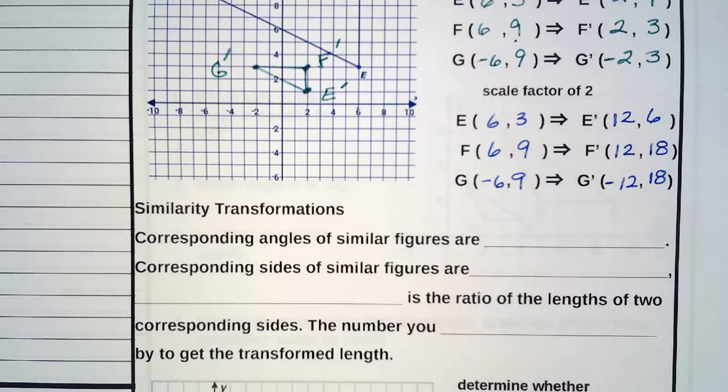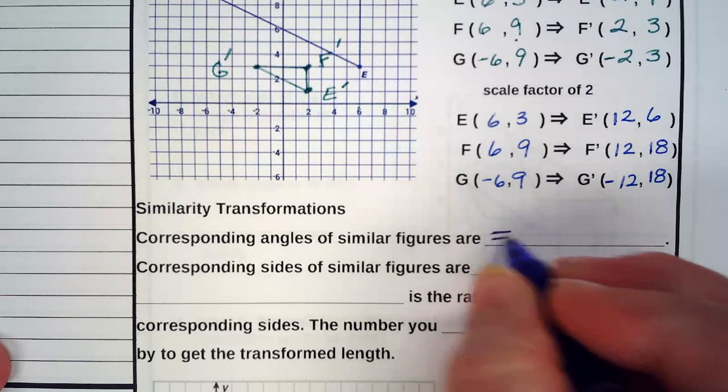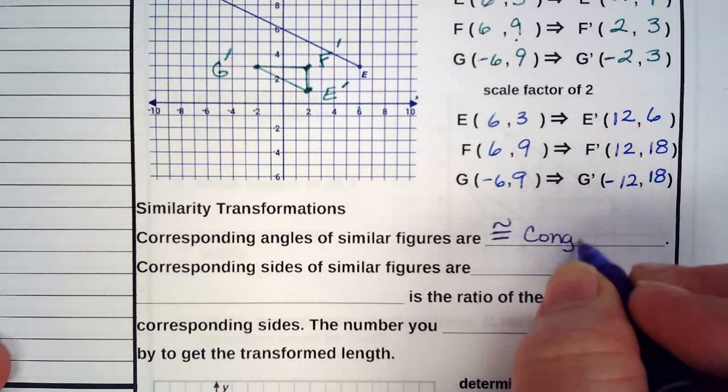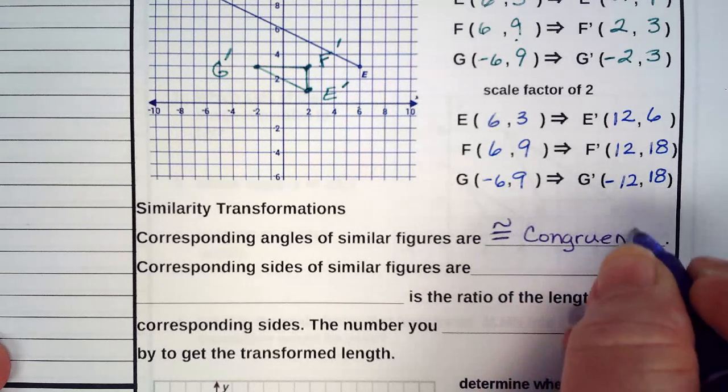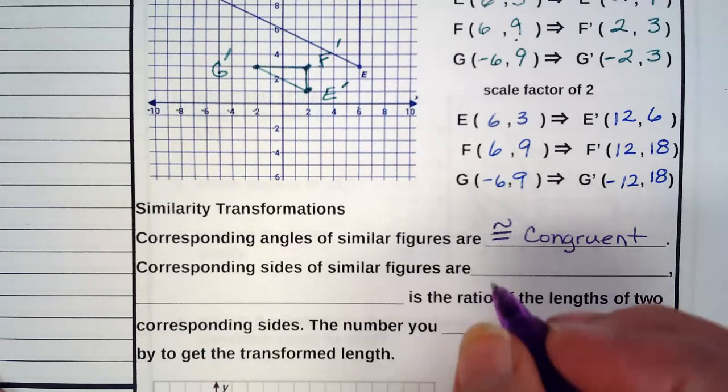Corresponding angles of similar figures are what? If you stated congruent, remember this is our symbol for congruent, you would be correct. Corresponding sides of similar figures are what?